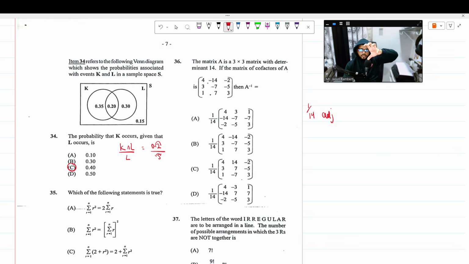So the adjoint is going to be 4 minus 14, 2 as a row. 4 minus 14, 2. 3 minus 7 minus 5 as a row. And then 1, 7, 1, 7, 3 as a row. Now, I don't know. It's not looking like there's any mistake there, right? And the only matrix that is closest to this answer is A.